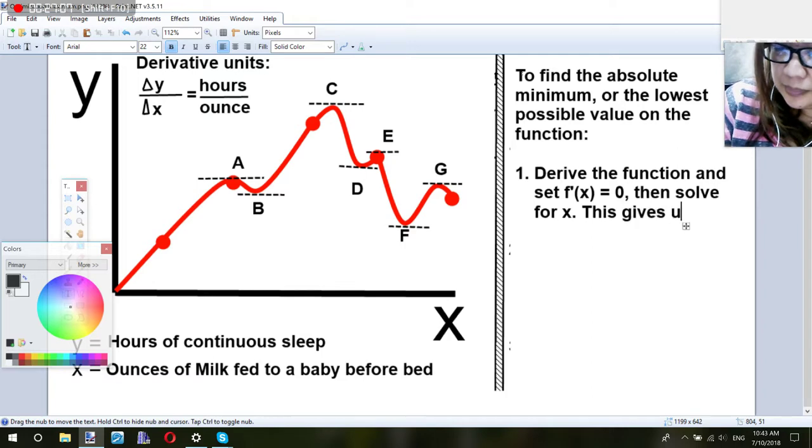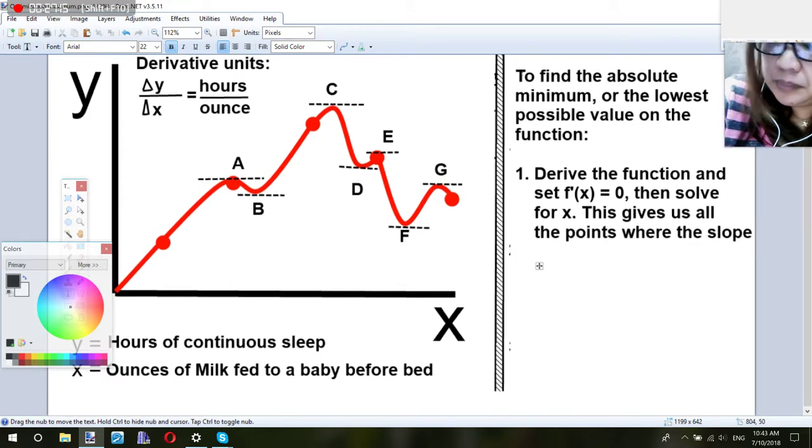This gives us all the points where the slope is 0. 2.